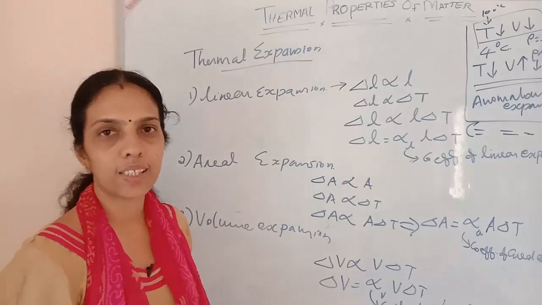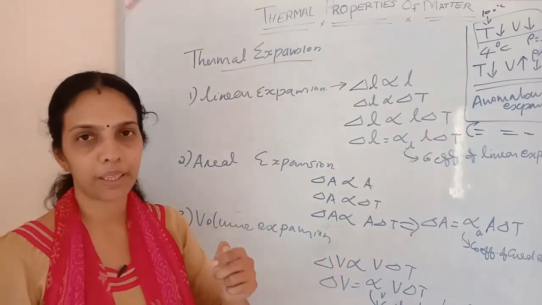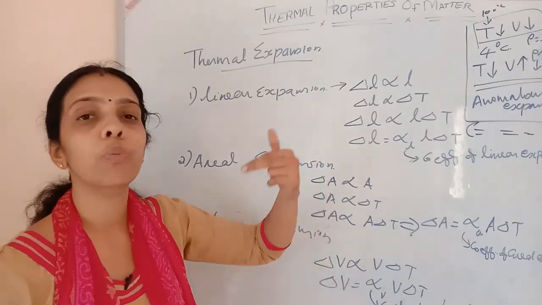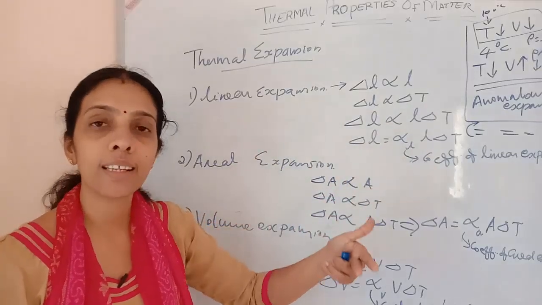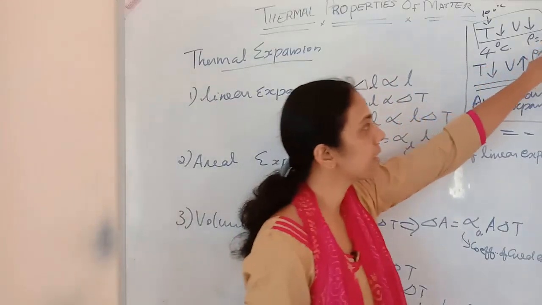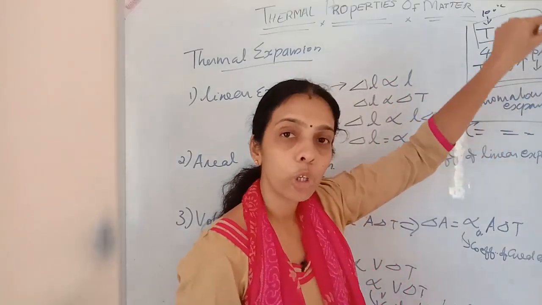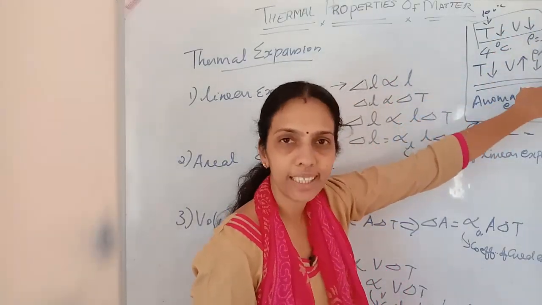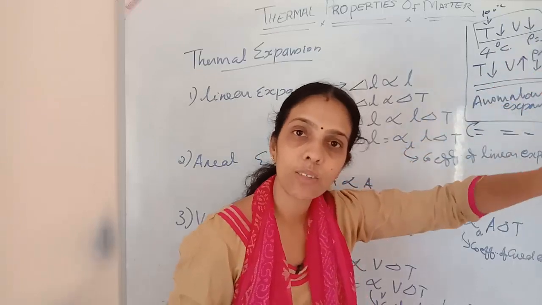After 4 degrees Celsius, if we decrease the temperature, volume will increase. If volume increases, density will decrease, because volume is in the denominator. If density decreases, what will happen?